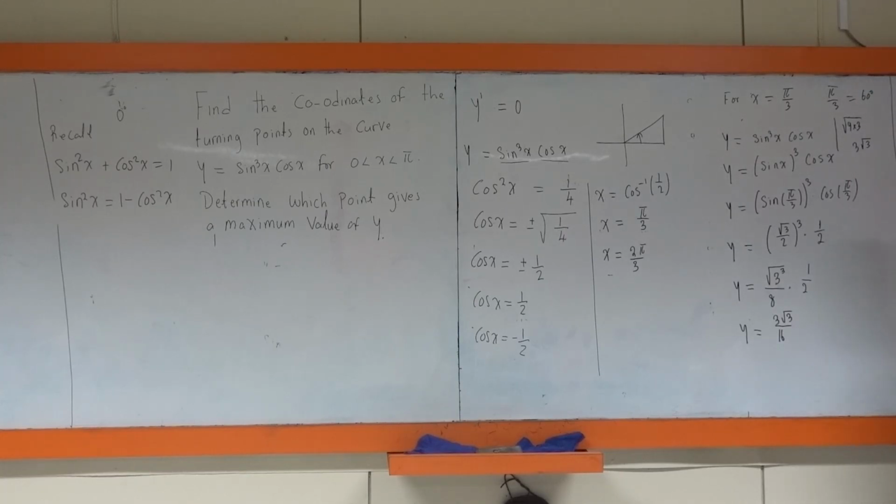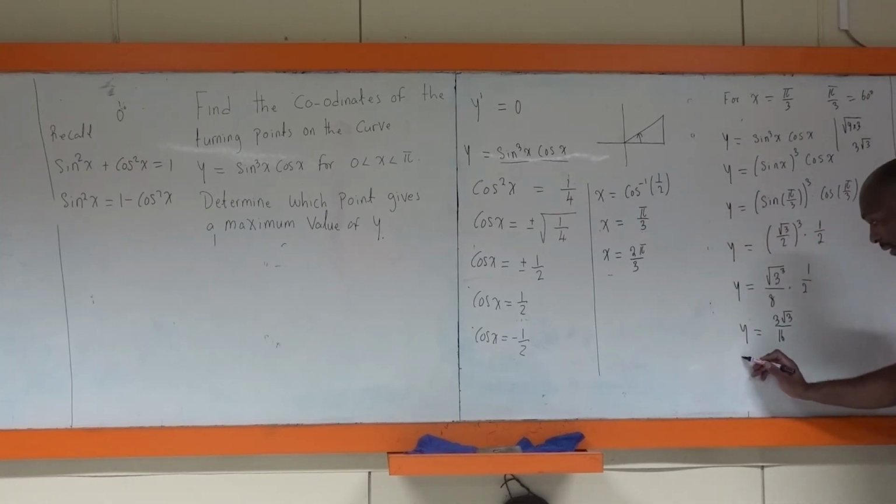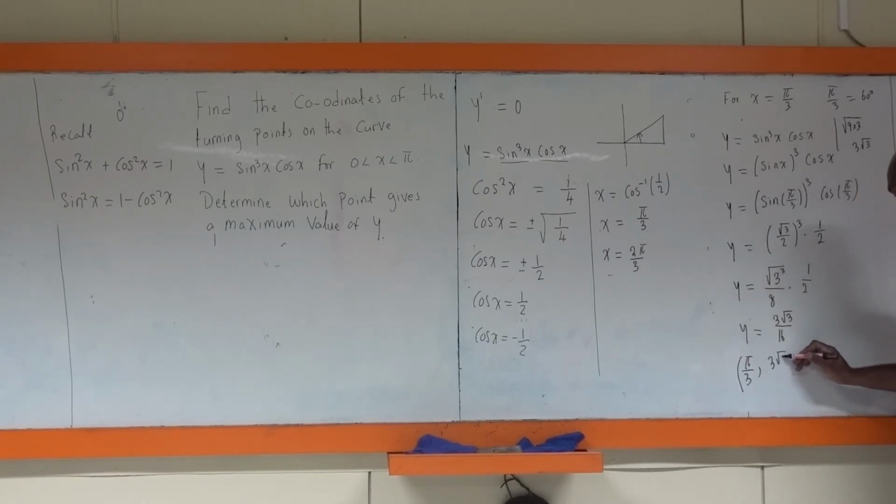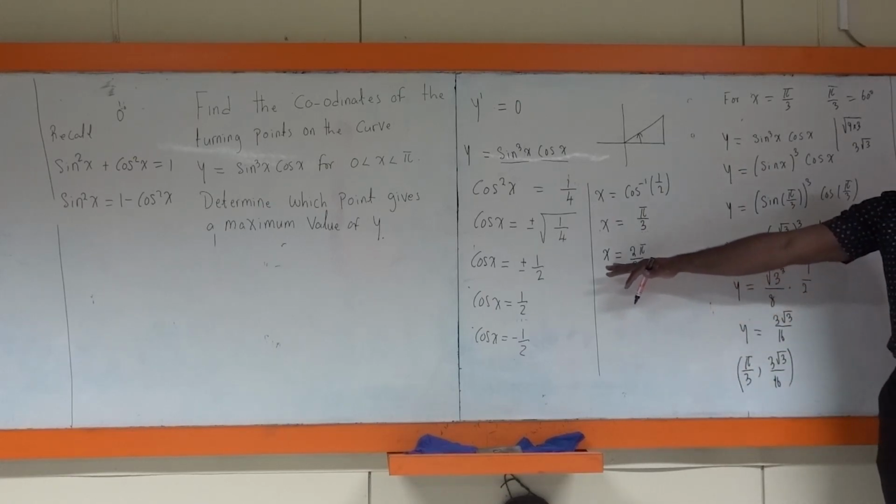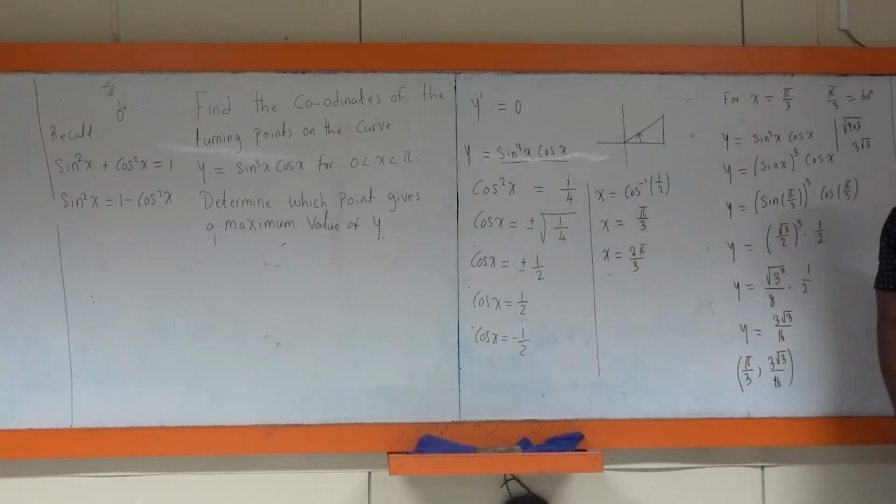So the first coordinate point right here is pi over 3, 3 square root of 3 over 16. So that is the first coordinate point. Now, for the next coordinate point, it should be at x equals 2 pi over 3.